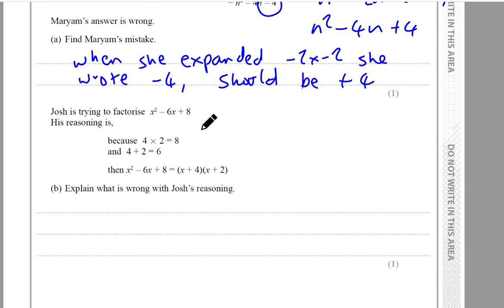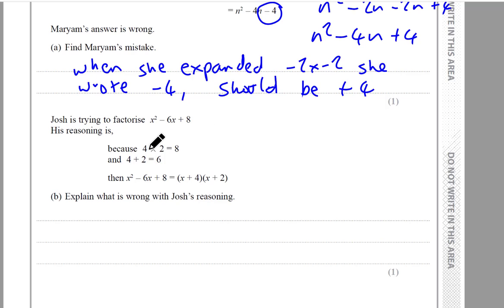Right, Josh is trying to factorise this. So 4 times 2 gives us the 8, and 4 add 2 equals 6. So he says it's this. Right, so what is wrong with that?